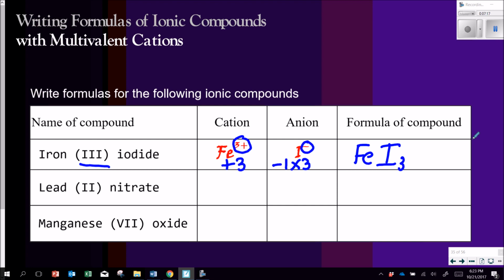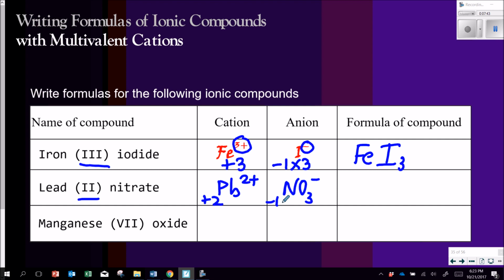Lead 2 nitrate. Again, lead is Pb. Roman numeral 2 tells me that the charge is +2. Nitrate is a polyatomic ion. Nitrate is NO3 with a charge of -1. We balance the charges. We have a total of +2 on the lead side and a total of -1 on the nitrate side.